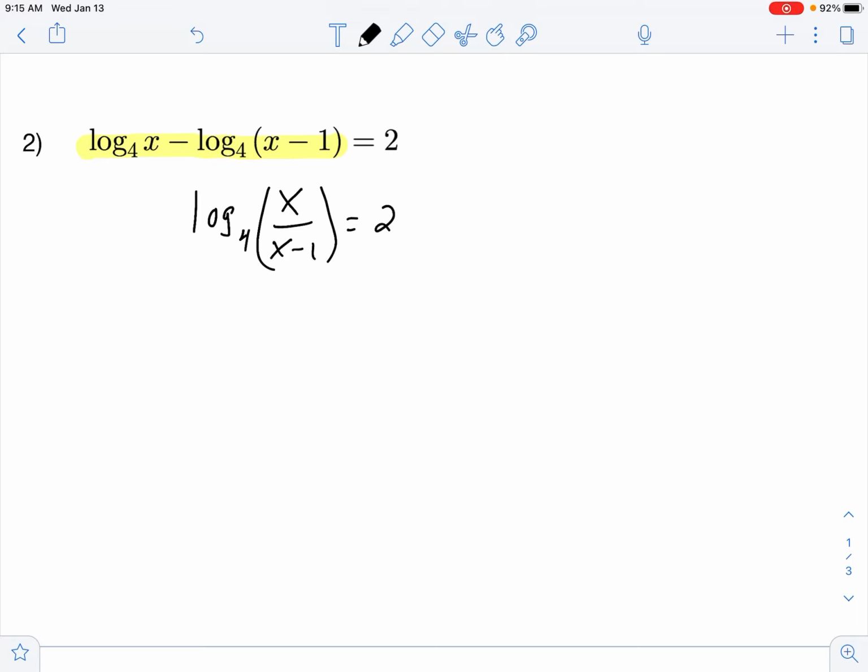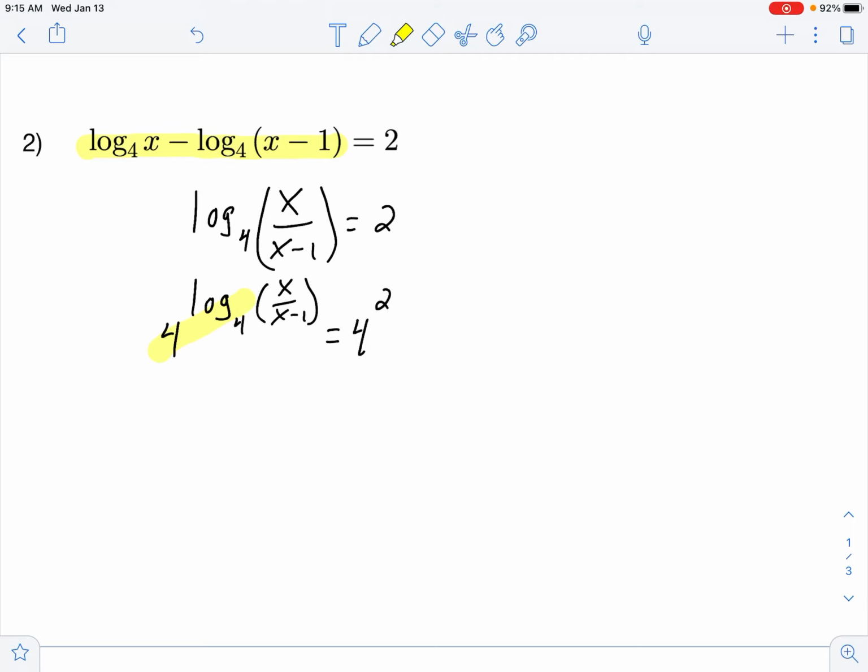Now that I have this one log expression to base 4, I can go ahead and do 4 raised to log base 4 of x over x minus 1. So do the base of 4 to both sides, the exponential function there.